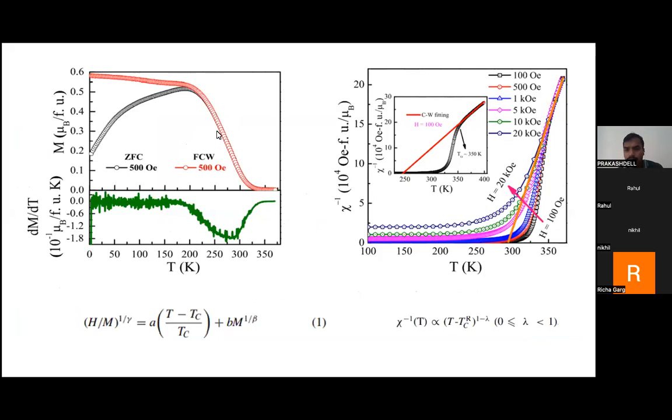Okay. So see figure one, the left hand side figure. This is the MP plot or FCZFC plot.